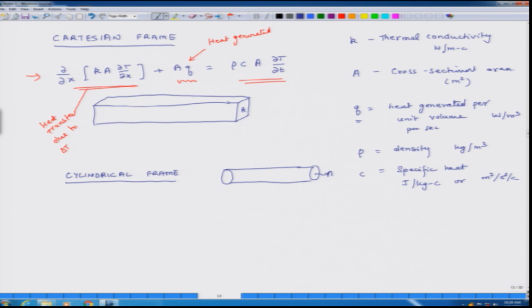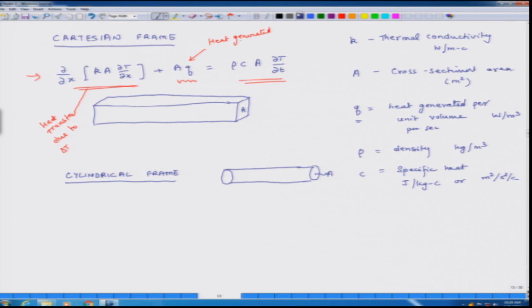So that's my cross sectional area A, and it is generating also heat along its entire length, and also there is heat conduction happening from one higher part to the lower part, and so on and so forth. So all the physical phenomena, heat transfer due to conduction, heat generated, and rise in temperature, everything is there.